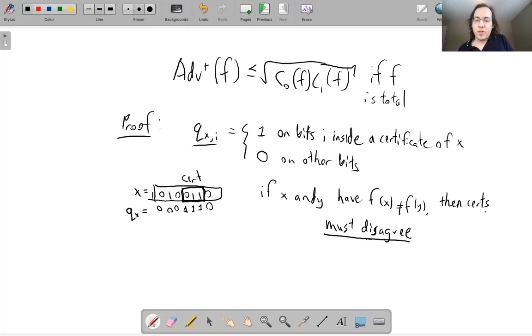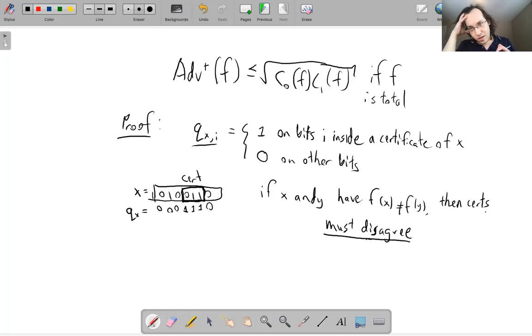It's not possible that I can find a proof that the input is a 0 input and a non-conflicting proof that the input is a 1 input. Any proof that the input is a 0 input must conflict with any proof that the input is a 1 input, or else I'll have a string that can contain both proofs, which is clearly ridiculous.